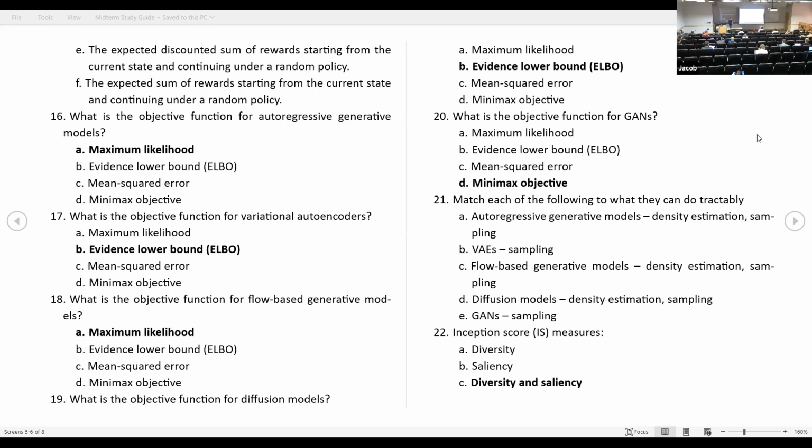Yes, evidence lower bound. So let's open up the variational autoencoder lecture.